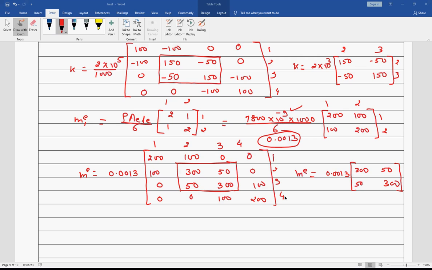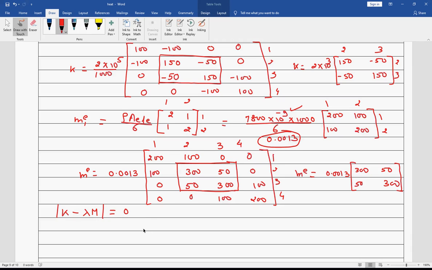Okay. So now I will write the determinant of k minus lambda m, and I want it to be 0, so I can find out the lambda.